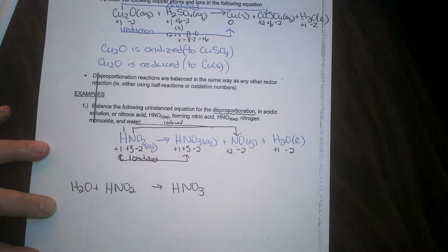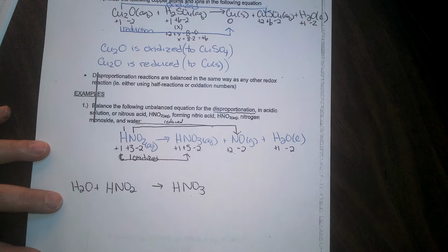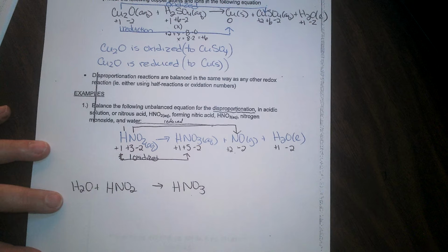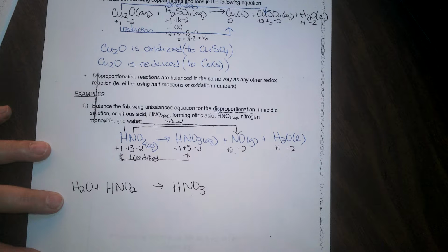Okay. I did that. What else do we have to do? So I did the oxygens are balanced. Now what do I have to balance? I gotta balance my hydrogens out.